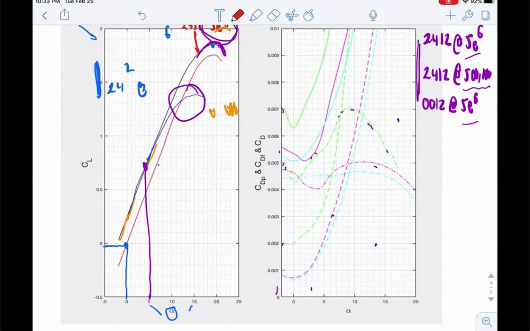Then we thought about which is the dash line, viscous pressure drag or skin friction. We deduced the dash line, these lower curves, to be the viscous pressure drag because we would expect that to be smaller at low angles of attack and grow very rapidly as we increase the angle of attack. The most complex curves here are the skin friction distributions, which are these dash dot lines, which you can see are not even monotonic.